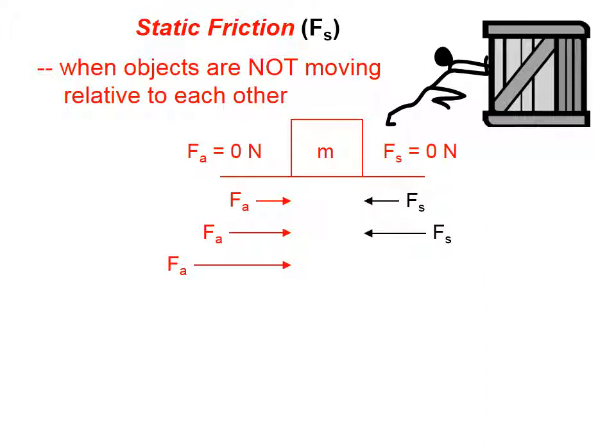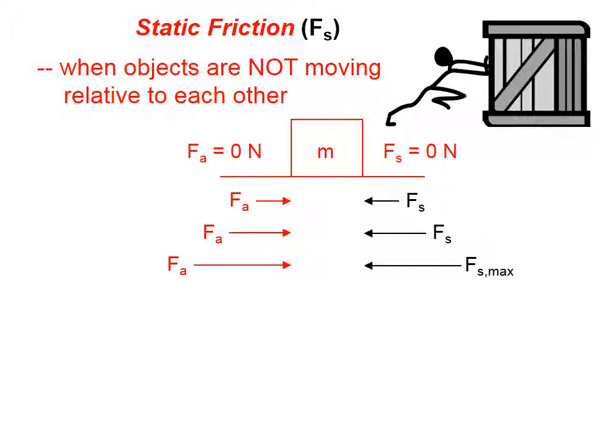If we push still harder sideways, at some point there will be a maximum static friction value that can be obtained. We can't simply keep pushing sideways harder and harder forever and the box never move.